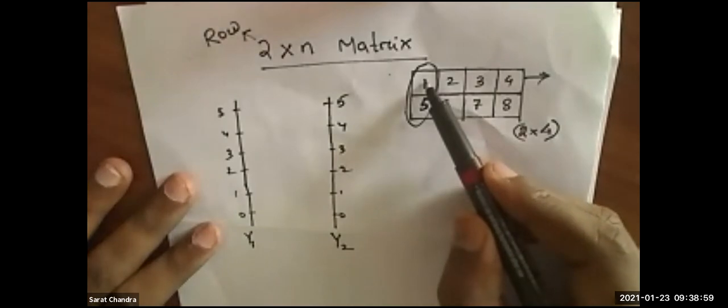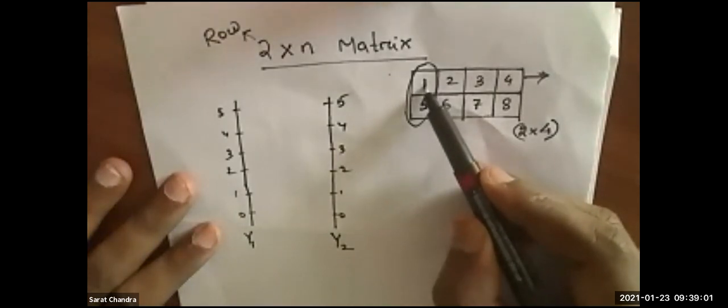So how to allocate? As I told you last class, first we take these 2 points, 1 and 5. Suppose this line is y1 and this line is y2.